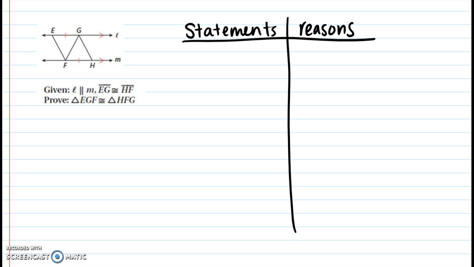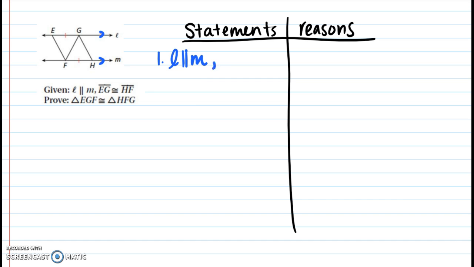And then from there, the very first thing I always do when I write my proofs is to write down what my givens are. And so my very first given in this case is going to be that L is parallel to M. That is shown here with those two little arrows on each of those lines.